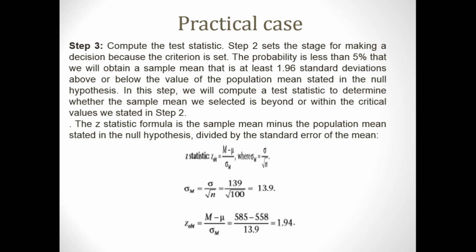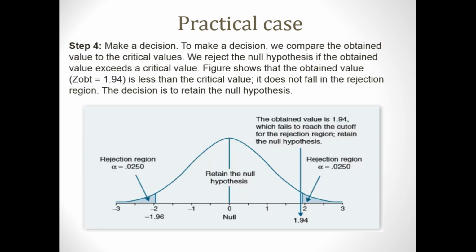It does not fall into the rejection region. So the decision is to retain the null hypothesis, which means that the obtained value of 1.94 failed to reach the cutoff for the rejection region, so we retain the null hypothesis, meaning that in our sample population, the mean does not change.